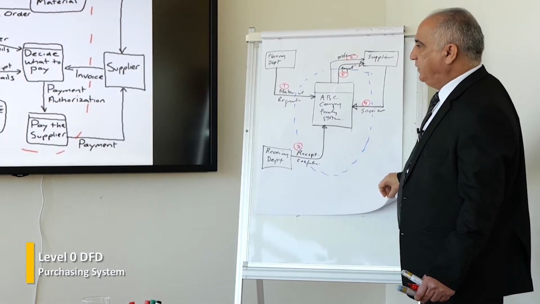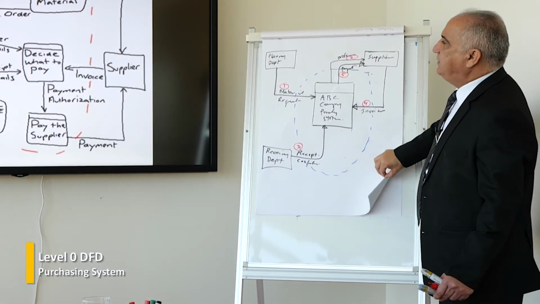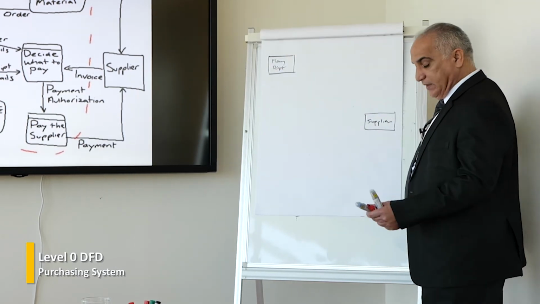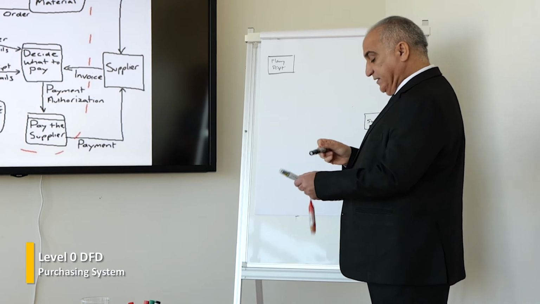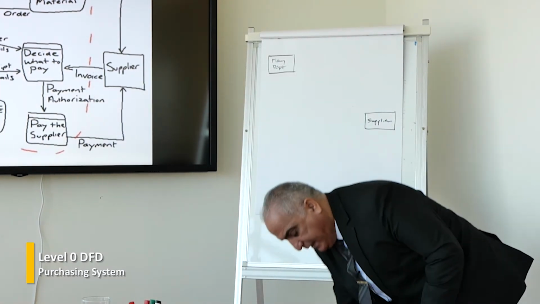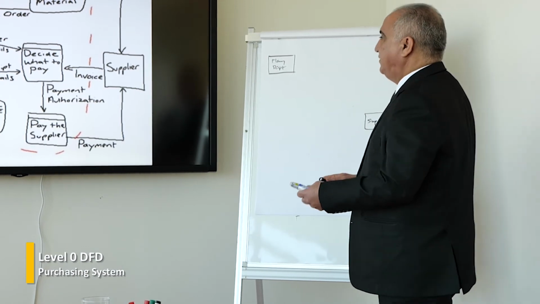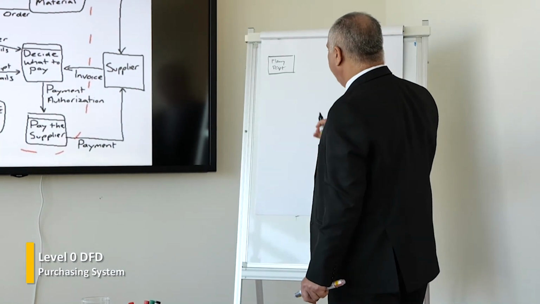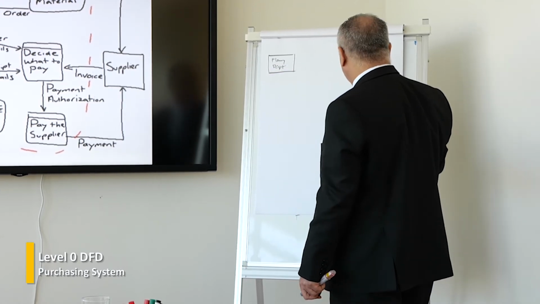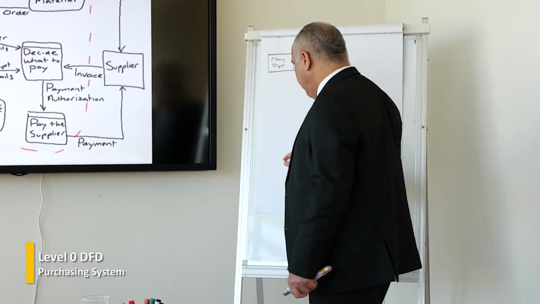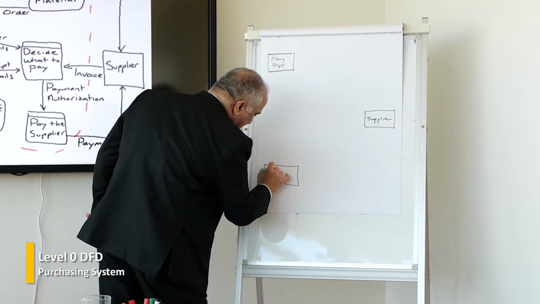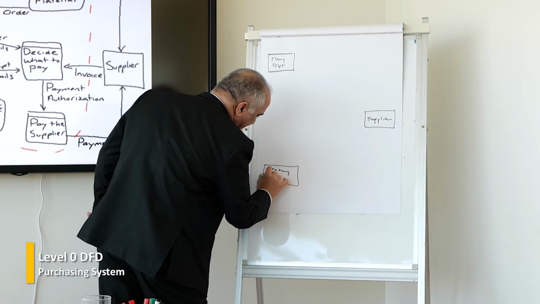Now we are going to look at the level 0 of this example. Let's do the level 0 of this example. Start with the externals again: planning department, supplier, and here is the receiving department.